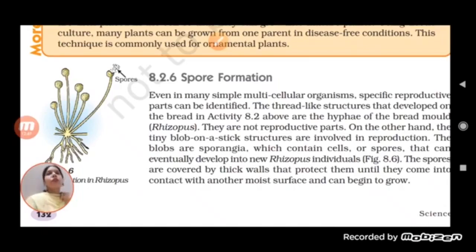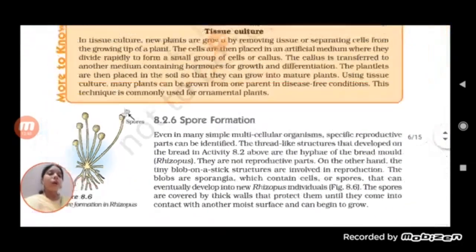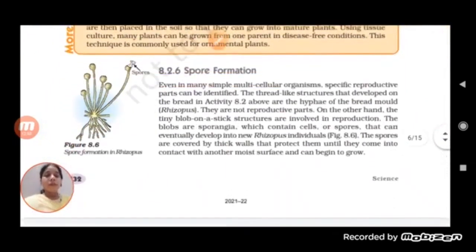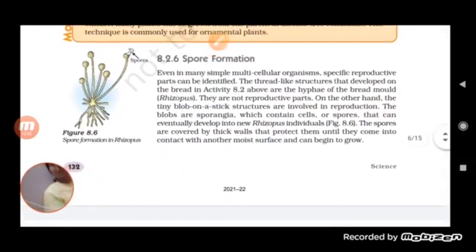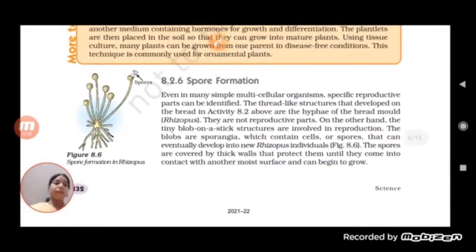When the condition is good, the sporangia bursts and releases the spores, and the spores again develop into Rhizopus. So this is how, without showing sexual reproduction, asexual reproduction can be seen.